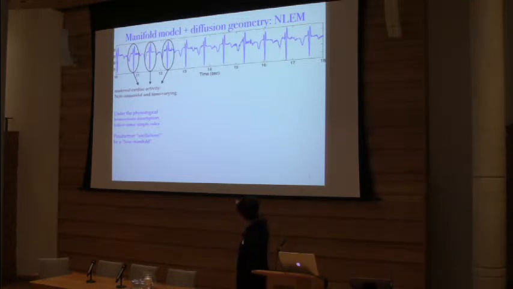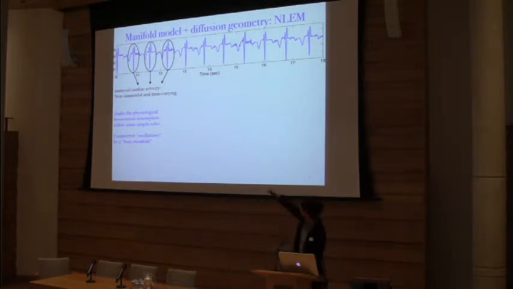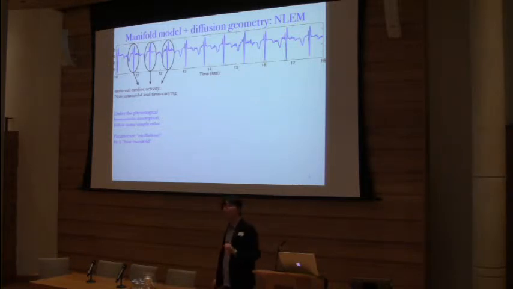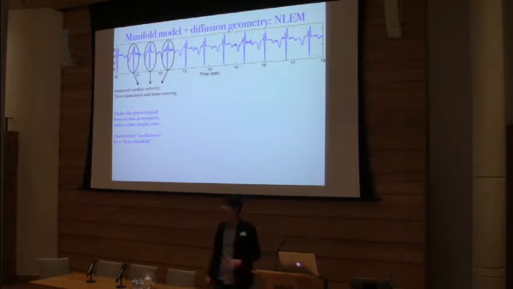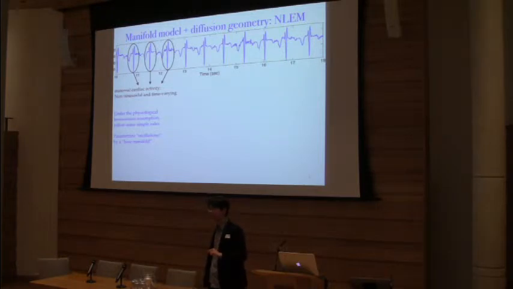So under this physiological homeostasis assumption, we can assume that all the beats, although they are different, can be well captured by some low-dimensional structure. For those of you who are familiar with principal component analysis, it is a linear version of such a model.